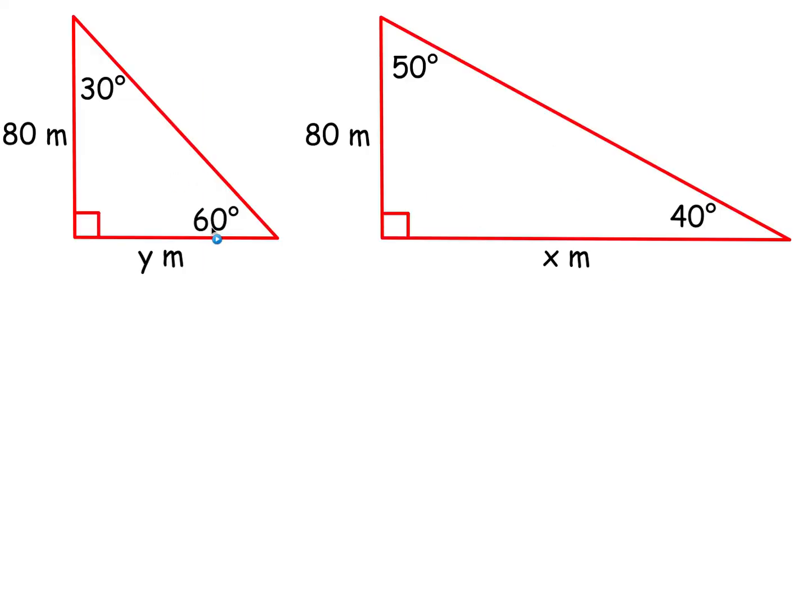Now rather than use the 60 degrees, I've made the triangle up to 180 degrees to get that 30, because it's easier to use the 30, as you'll see in a second. There's the hypotenuse, there's the opposite to the angle, the y, and there's the adjacent. So we're using opposite and adjacent, that's tangent. Now by using the 30 degrees, tan 30 is y opposite over 80, the adjacent.